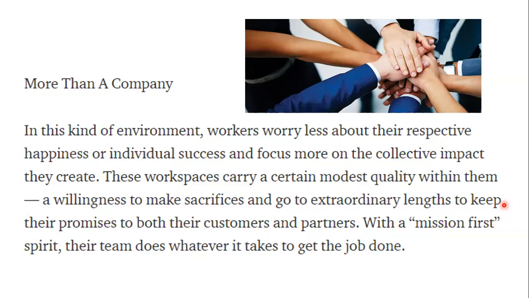These workplaces carry a certain modest quality within them, a willingness to make sacrifices and go to extraordinary lengths to keep their promises to both their customers and partners with a mission-first spirit. Their team does whatever it takes to get the job done. So they work as a team, everybody. I like this way of working. Everybody's working together for a goal.